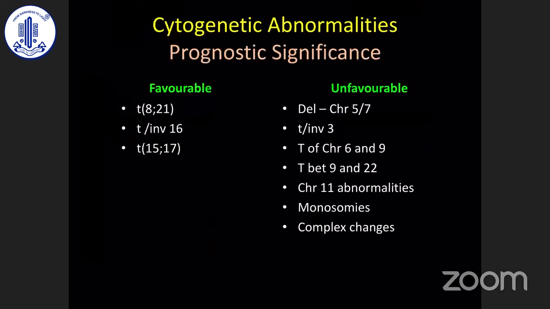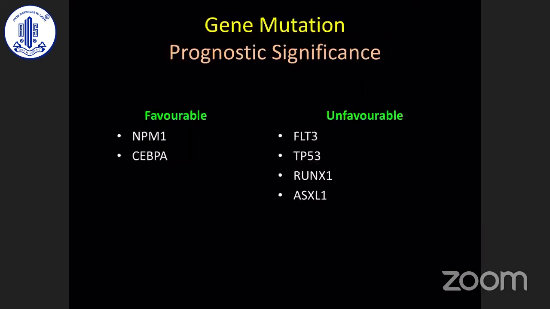There are certain important prognostic factors in acute myeloid leukemia. The favorable ones are translocations involving chromosome 16, chromosome 8;21, and chromosome 15;17, while there are a whole lot of them which have an unfavorable prognosis. Detection of these cytogenetic abnormalities plays a very important role in prognostication of granulocytic sarcoma.